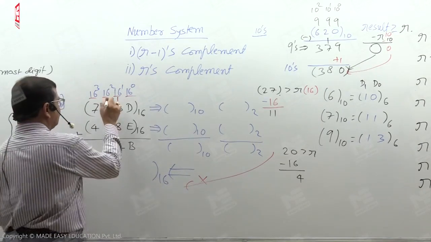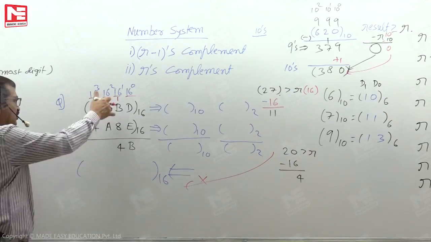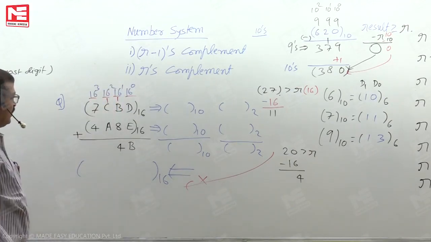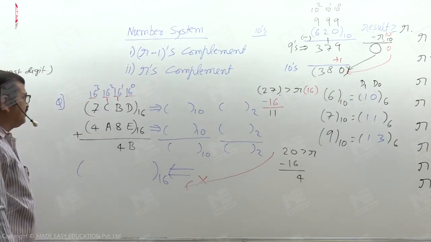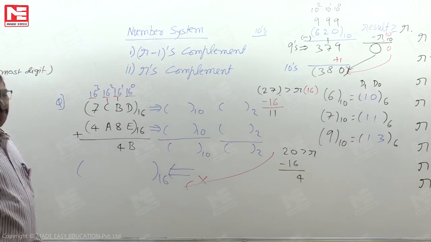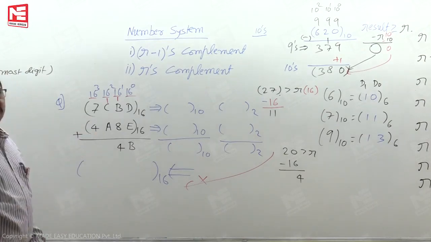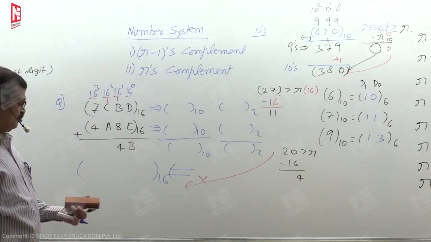And we forward a carry to the 16 to the power of 2's place. Coming to this place, C plus 1 is D. D is 13. So 13 plus A, which is 10, is 23.